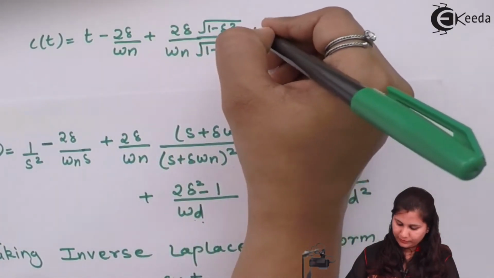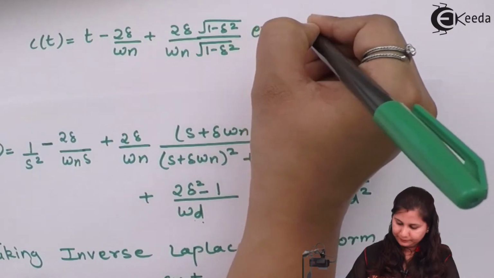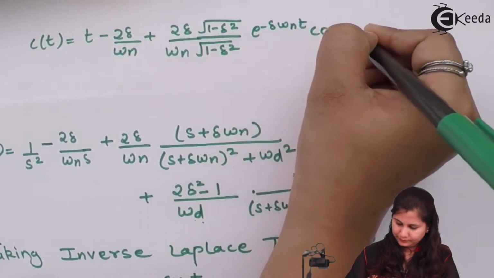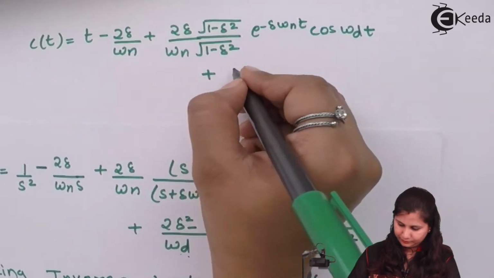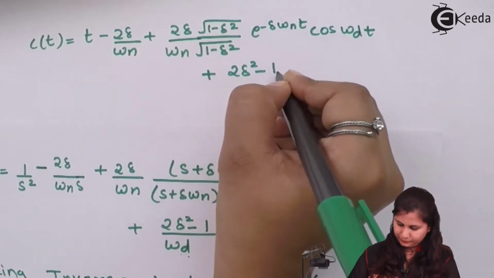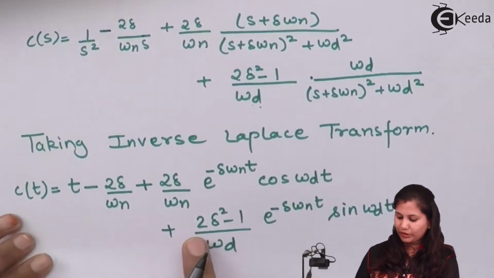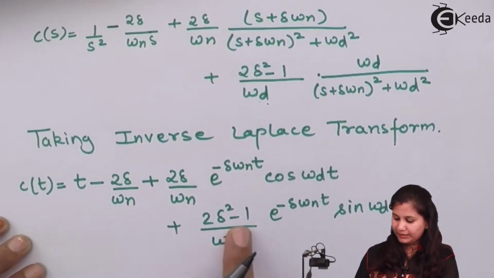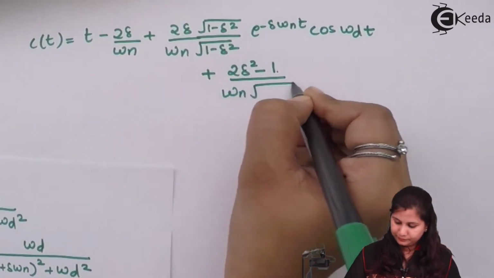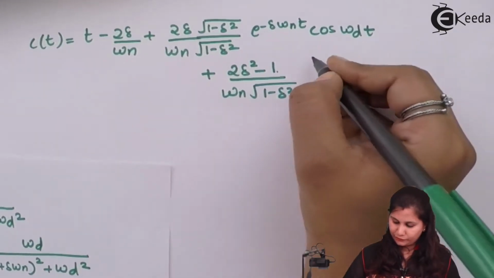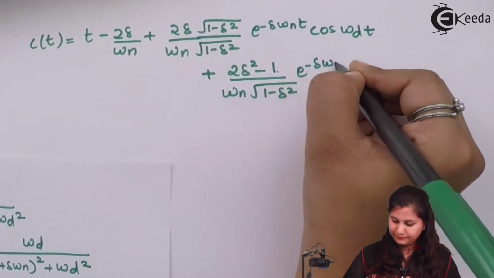And the rest of the terms are as it is. Here we have 2 del square minus 1, and omega d can be written as omega n under root of 1 minus del square. And the rest of the terms are as it is.